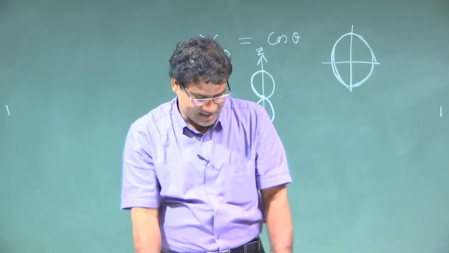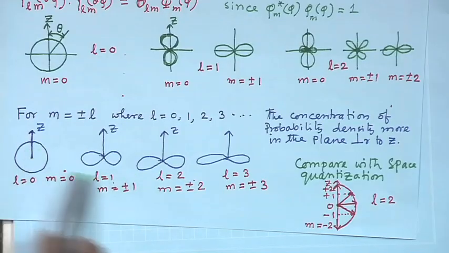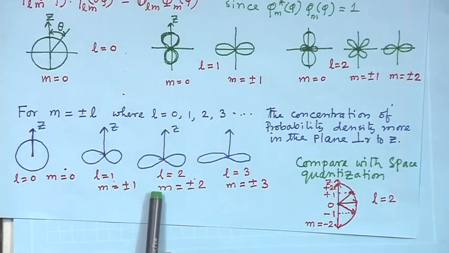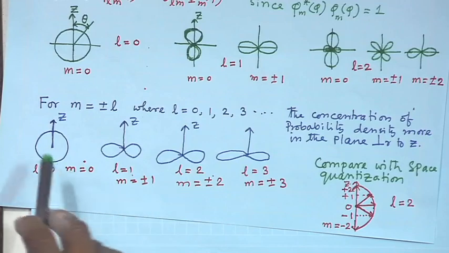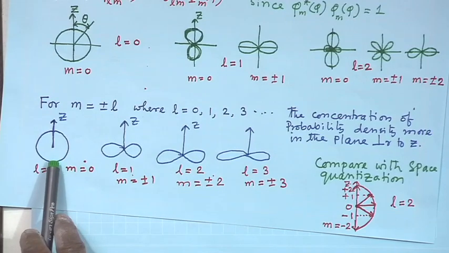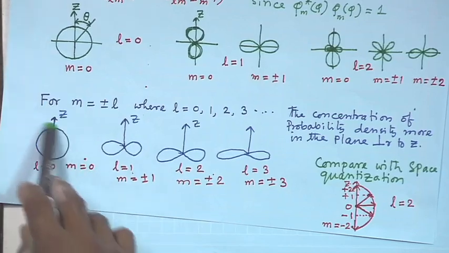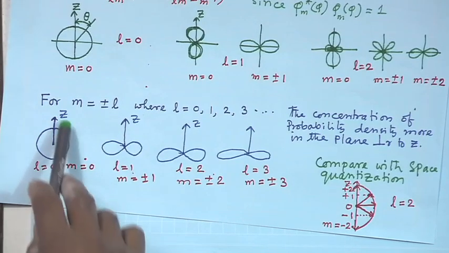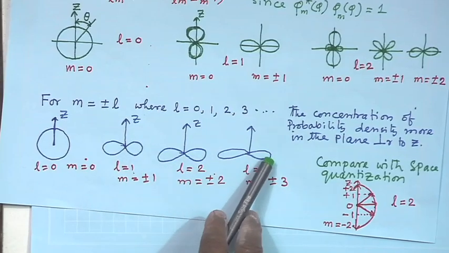That is what our analysis of the angular part of the wave function is telling us. This is perpendicular to this circle, and this is on the xy plane, and the next one.